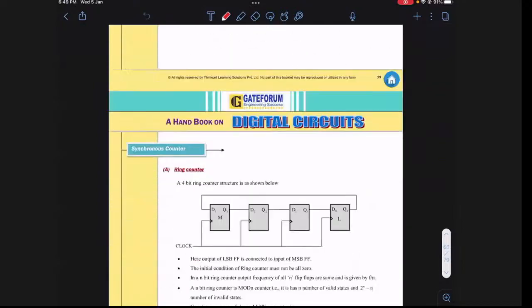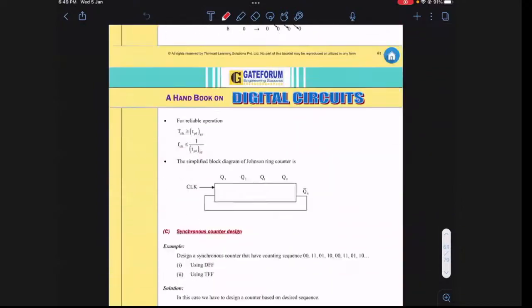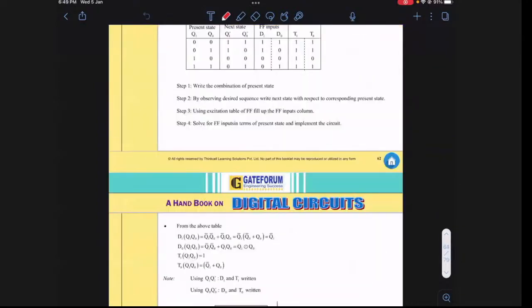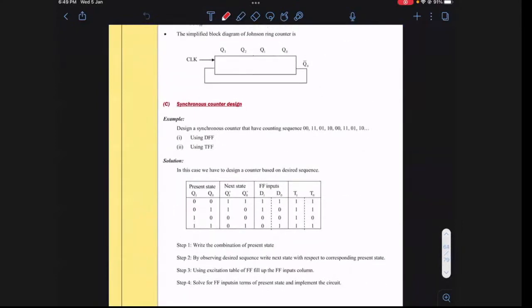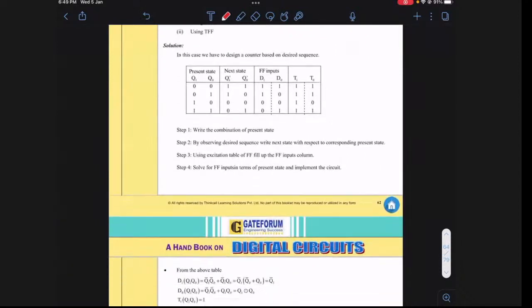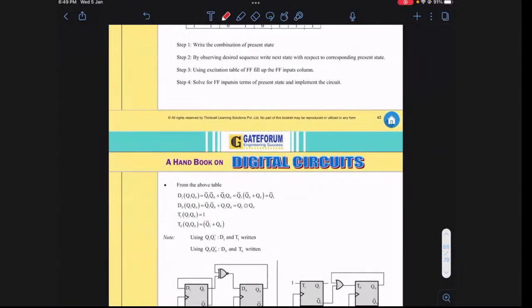The set of steps somebody needs to follow is like this. Design a synchronous counter. This is the question we have taken, and these are the steps. Step 1: write the combination of the present state. Step 2: by observing the desired sequence, write the next state for the corresponding present state.